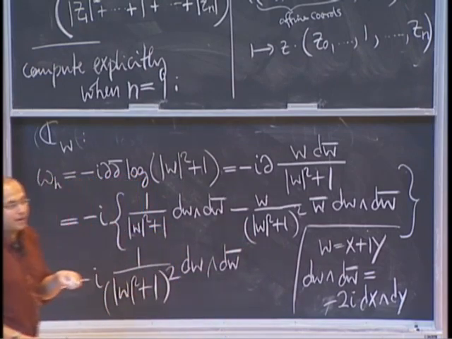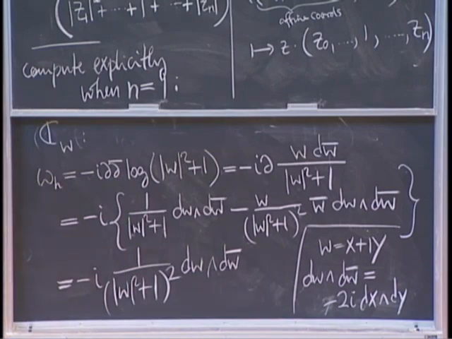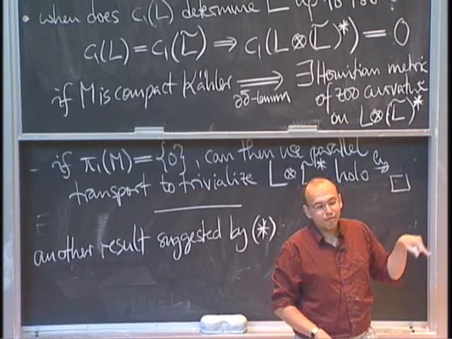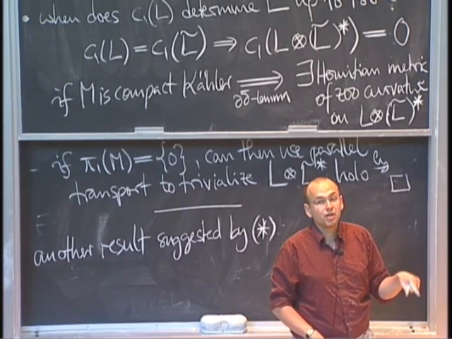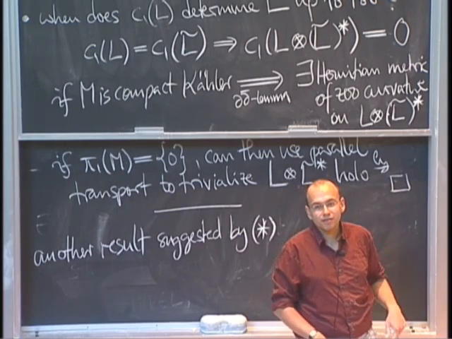So if you have a line bundle that's associated to a hypersurface using this construction from last time, then the Chern class of that line bundle is going to be Poincare dual to the homology class of the hypersurface.